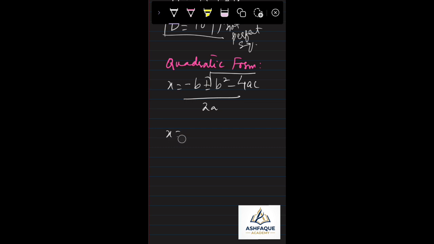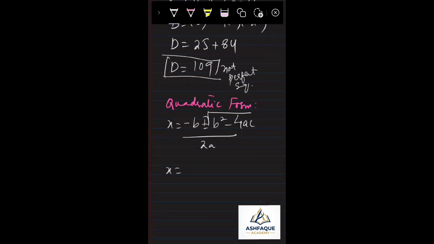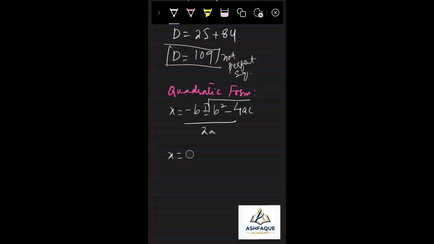So x is equal to, we have the value of b that is 5, so minus 5 plus minus, we already found b square minus 4ac, that was equal to 109, upon 2 times 1.